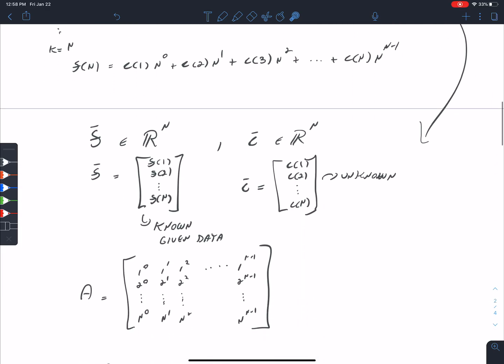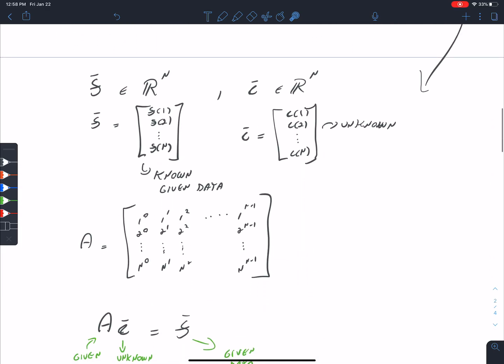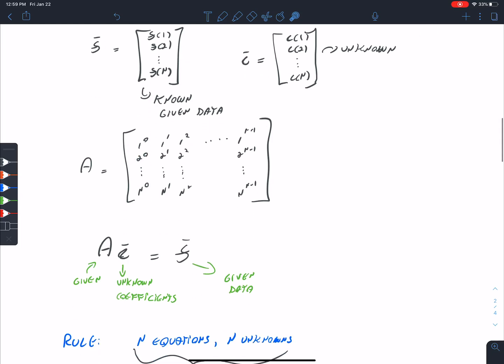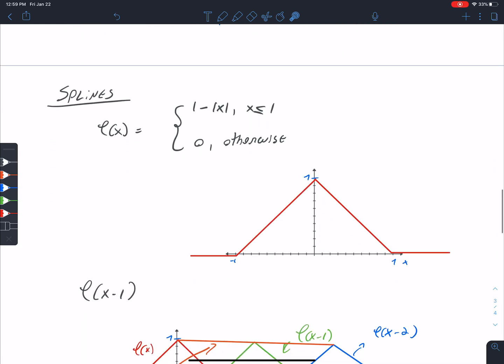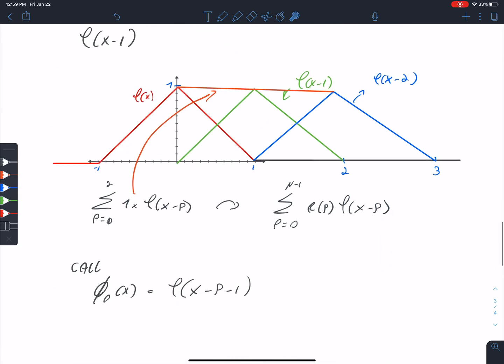So if we make these substitutions for these values, we don't even have to rewrite the whole thing. Here, this would be substituted according to this thing above, and we would end up with the same linear system as we had before. And this is how we do spline interpolation.